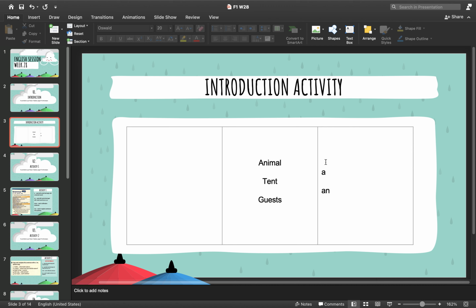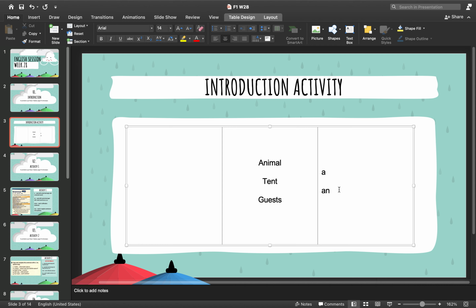Okay, so these are called articles, which will determine a noun, whether it's a singular or plural, whether it starts with a vowel or a consonant sound. Okay, so for animal, we are going to use an before the word animal.